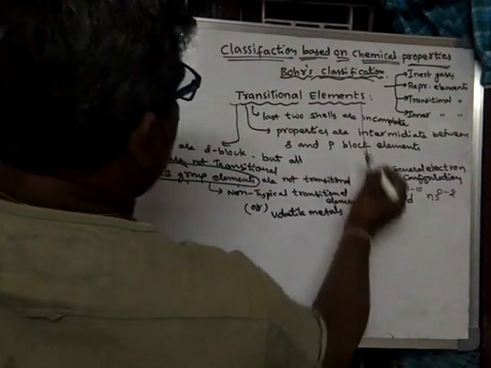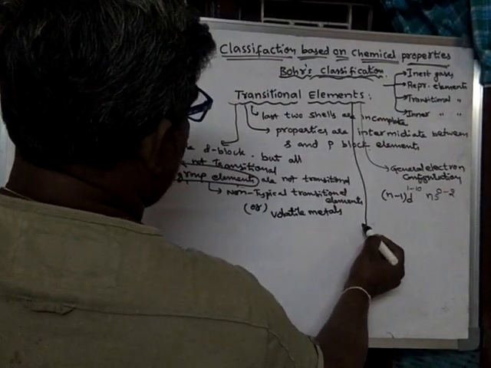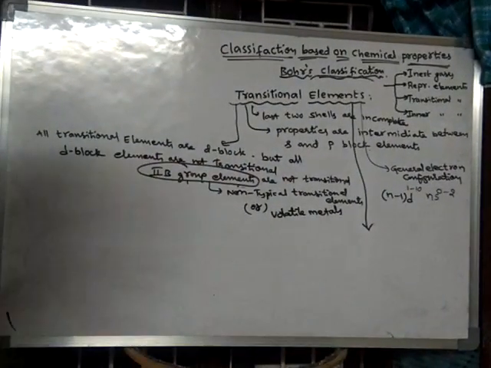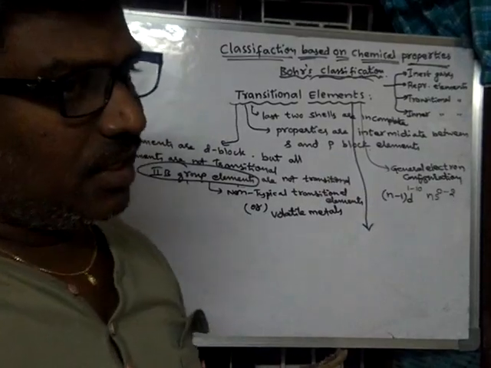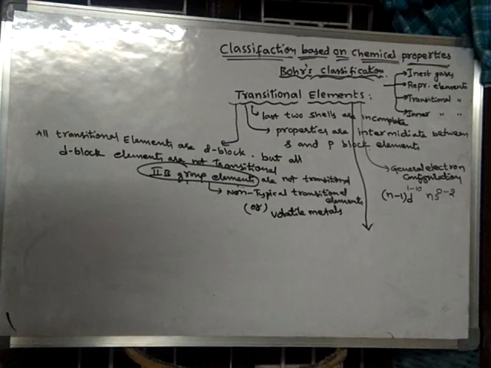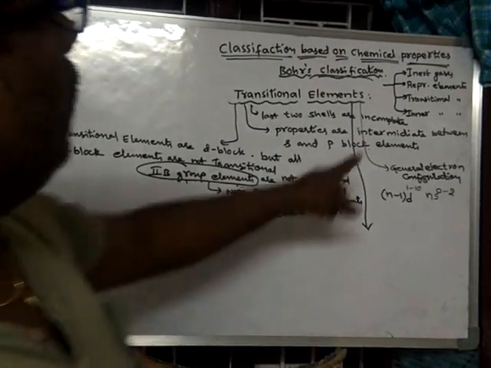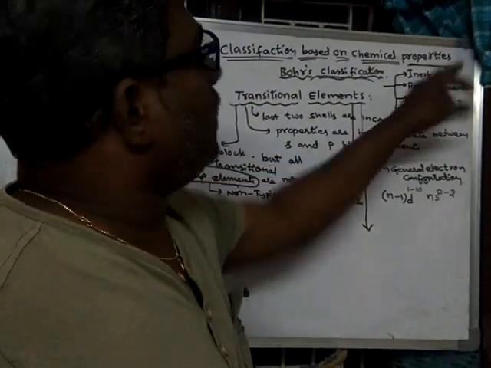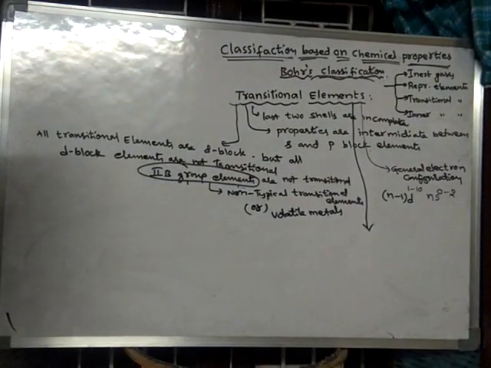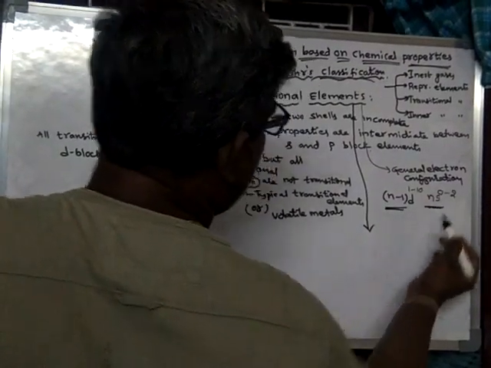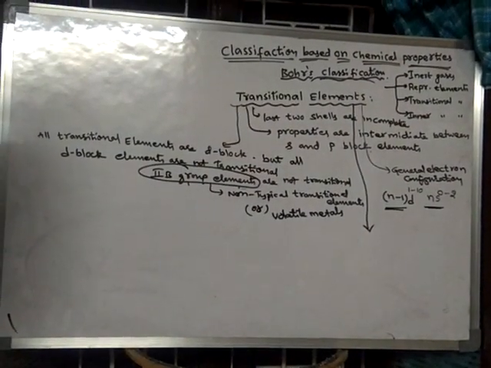And one more thing. In representative elements, only S subshell electrons and P subshell electrons will participate in chemical bonding. That means only the electrons present in the last shell of representative elements participate in chemical bonding. But in transitional elements, both these electrons and these electrons participate.